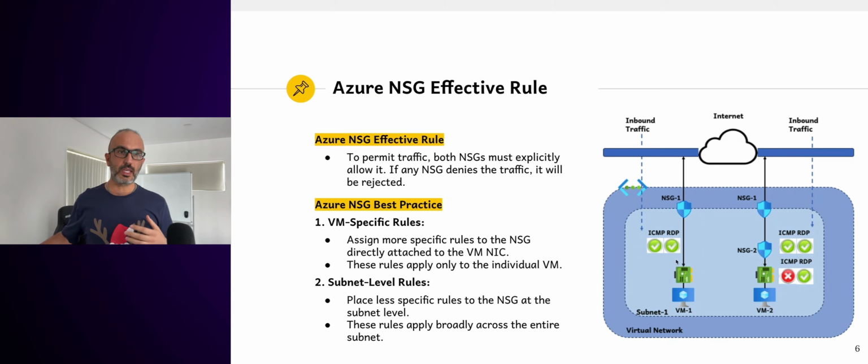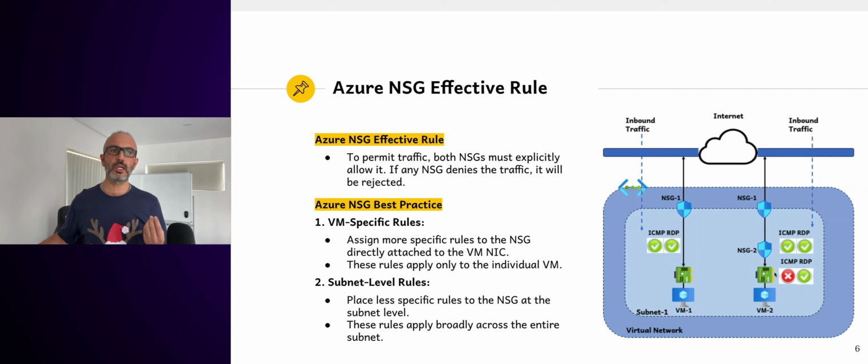And the other thing here is that it's more of a best practice: try to assign the general rules or the least restrictive rules to the network security group assigned to a subnet. So, for example, if you want to allow ICMP to all resources within a subnet, then put it in NSG1. You want to allow RDP, again, you put it in NSG1.